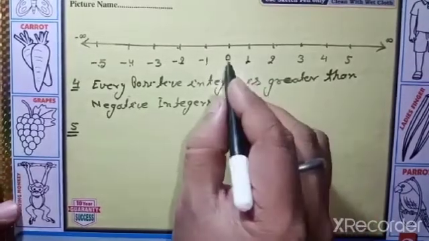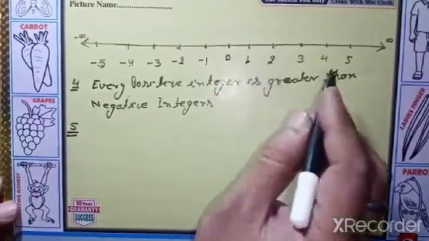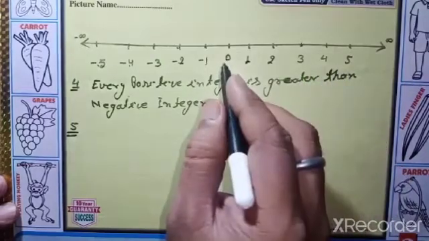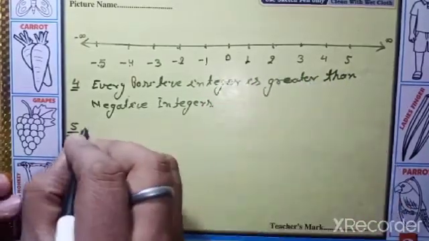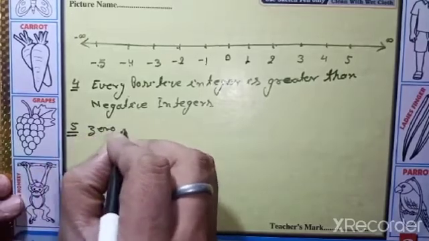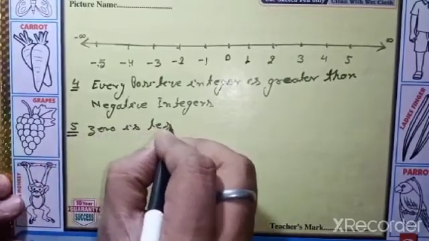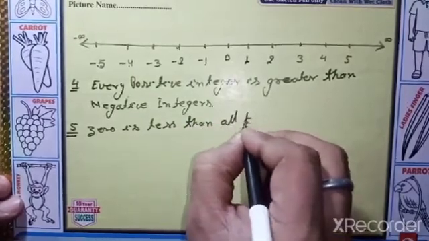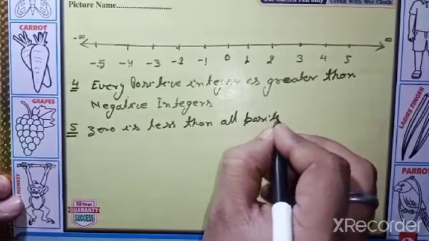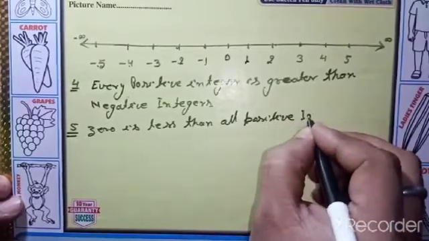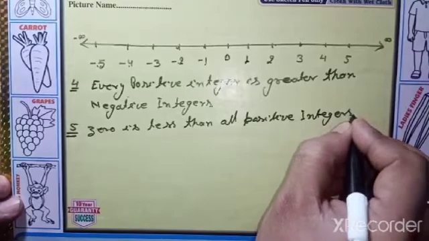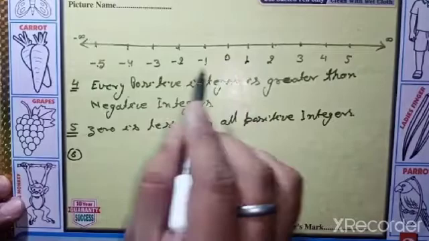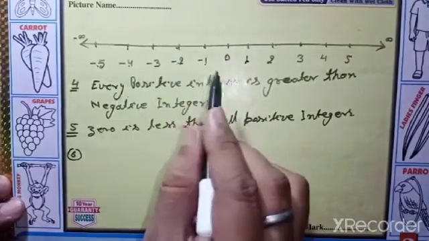Now fifth, 0. 0 is less than all positive integers, because 0 is on the left side of all positive integers. So 0 is less than all positive integers. Now sixth, 0 is greater than all negative integers, because 0 is on the right side of all negative integers.